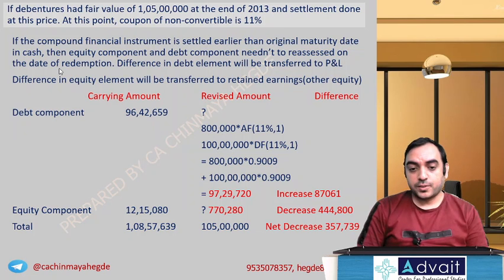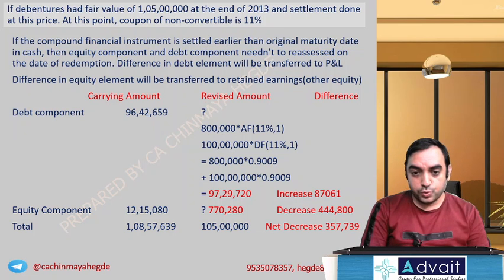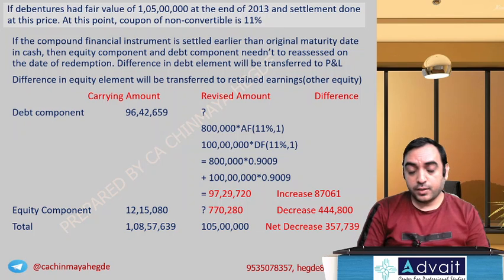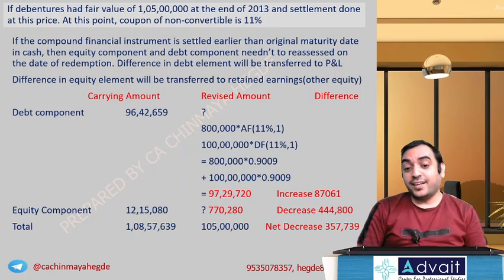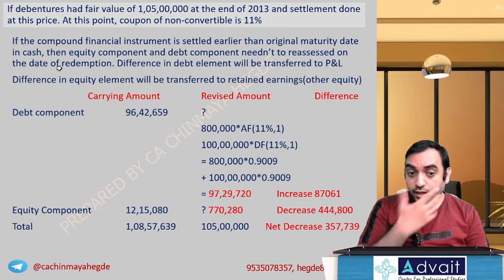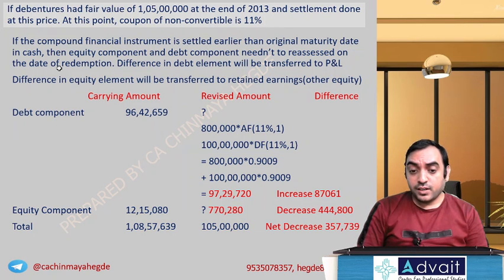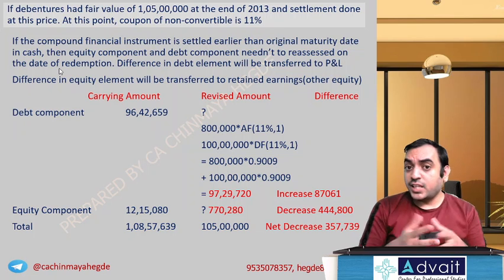You are paying this. To 8% debentures, you're debiting 8% debentures, debt component. How much are you debiting? Book value 96,42,659. Correct?